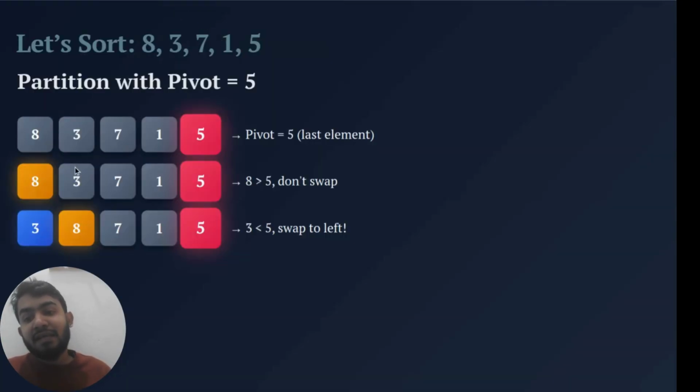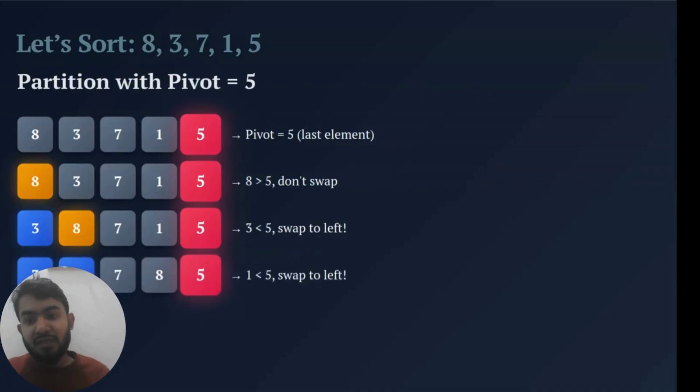I mean, as 3 is less than 5, so 3 should go to the left. So we swap 3 with 8, and 8 now goes to the position of 3, and 3 goes to the position of 8. So 3 and 8 are now swapped.